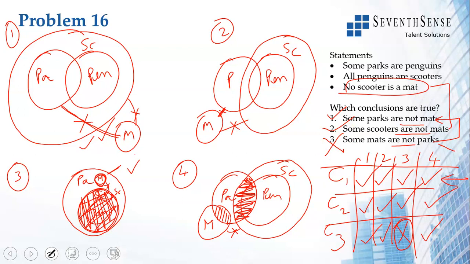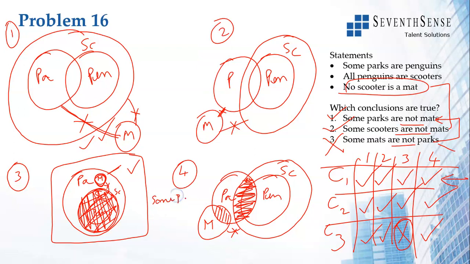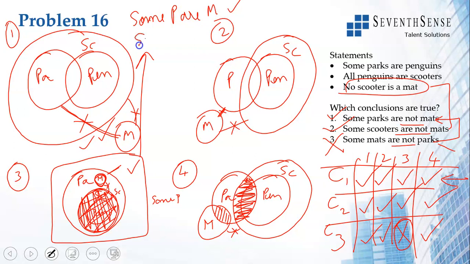Very, very important. In this diagram, we have some parks are mats. Which are the statements which are true? So in diagram 3, some parks are mats: true. Some parks are not mats: true, because this area, like we said, we shaded, can never be mats.